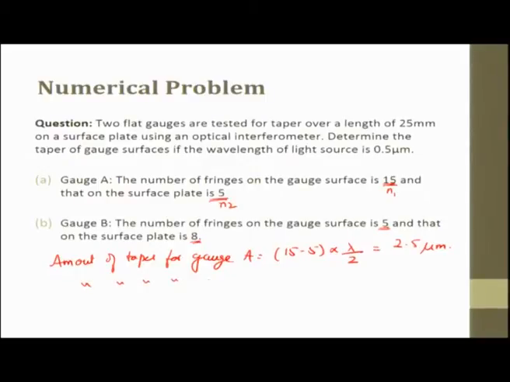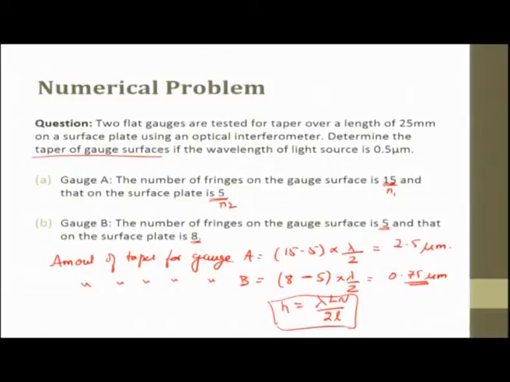The amount of taper for gauge B is equal to 8 minus 5 into lambda by 2, which is 0.75 microns. So, we have found out the taper of the gauge surface. What we have done is we have found out the taper and the height. Height is found by the formula lambda L n by 2L. With these two, height and taper, we can use the optical flat for measuring the height difference.